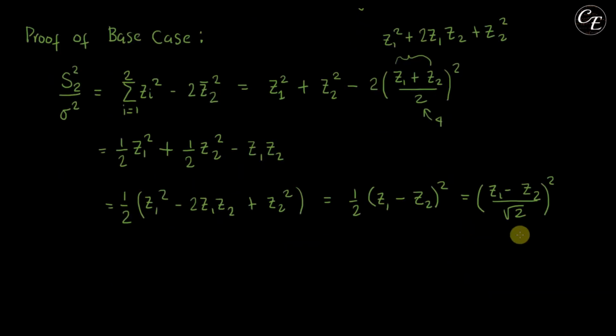Let us denote this inside in here as W. Then if W has a standard normal distribution, then W squared, using our theorem, has a chi-square distribution with 1 degree of freedom, proving our theorem.